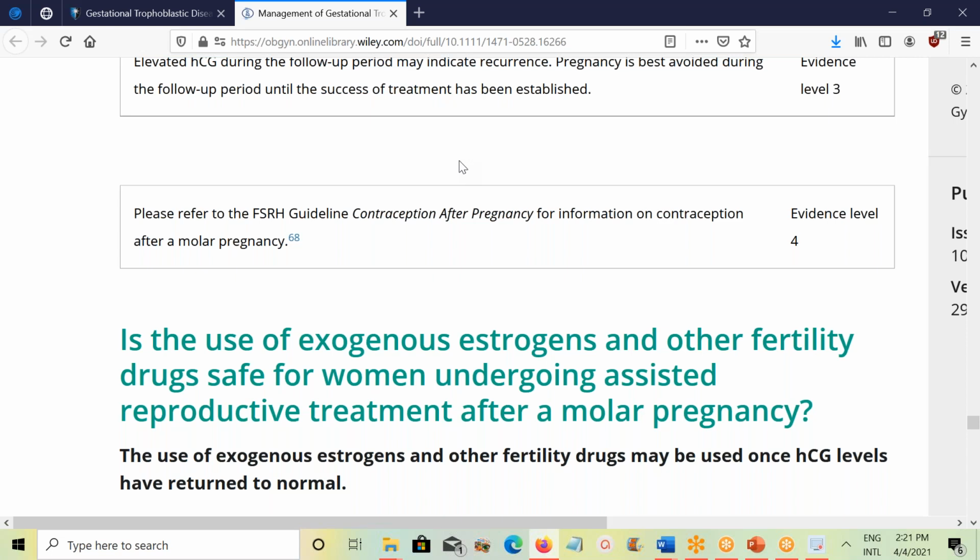They are resistant to chemotherapy, so they are more chemo resistant. Why? Because they produce less HCG. They are confined to the uterus for longer periods of time, and more often they involve the lymphatics of the person.